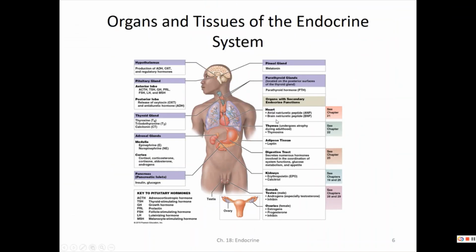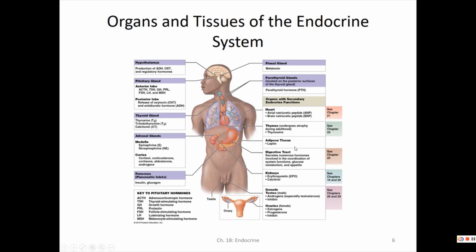Now, we will discuss gonads far more in depth when we get to the reproductive system. We will discuss minimally the heart, and the kidneys, as some extra tissues and mention them, but these will be discussed more in the cardiovascular system, chapters 20 and 21.